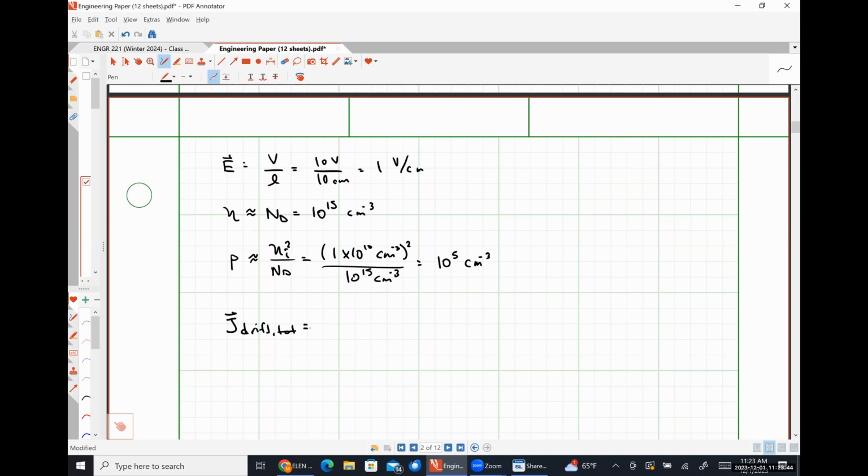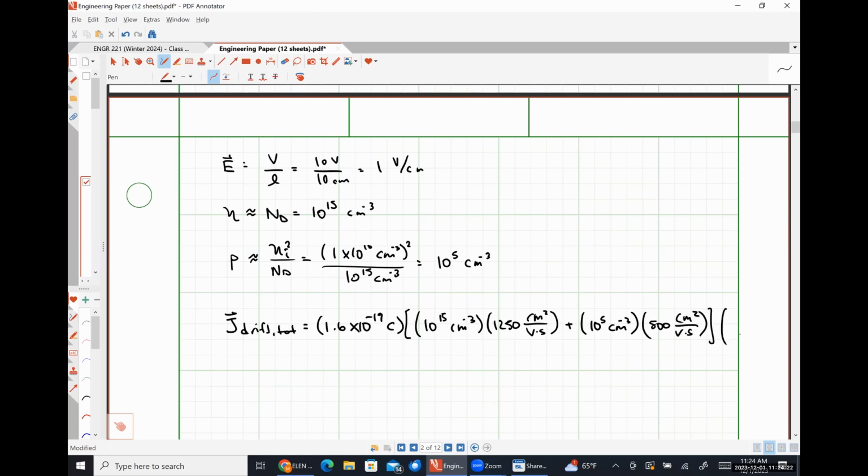we find that our total drift current is going to be 1.6 times 10 to the negative 19 coulombs times N, 10 to the 15 per cubic centimeter times our 1250 centimeters squared per volt second plus 10 to the 5 per cubic centimeter times 500 centimeters squared per volt second.